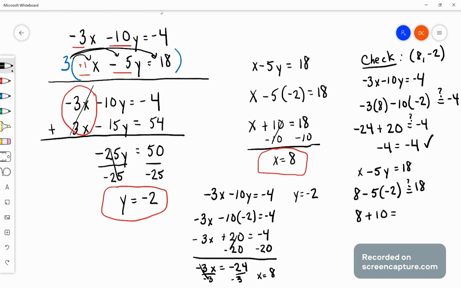So 8 plus 10, does that equal 18? Well, yeah, 18 equals 18. Perfect. Okay, so this is solving systems of equations using the elimination method. With the elimination method, again, we want to eliminate a variable by adding those two equations together.